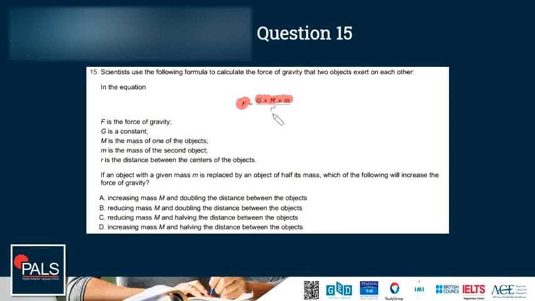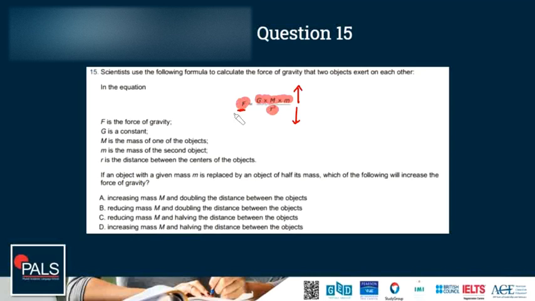Whereas if we increase the denominator, that would lead to a decrease of F as well. So to get our largest increase in F, we want to increase whatever we have up here, and we want to decrease whatever we have in the denominator to get our biggest possible force of gravity.